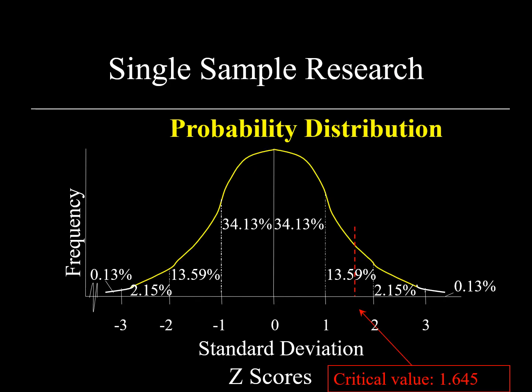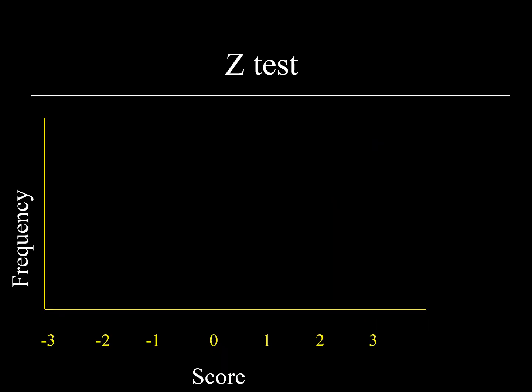So again, remember that what we're doing is we're comparing our sample's distribution to this probability distribution. And the probability distribution in this case with the z-score for single samples doesn't change. If we have a one-tailed test, our critical value is 1.645. That is our bar, if you will, that we're trying to make. And what we're going to do is compare our actual sample distribution.